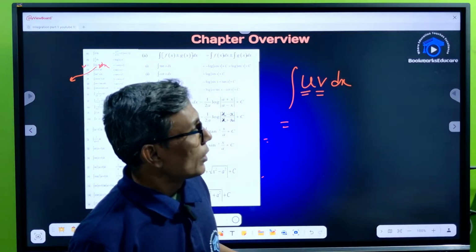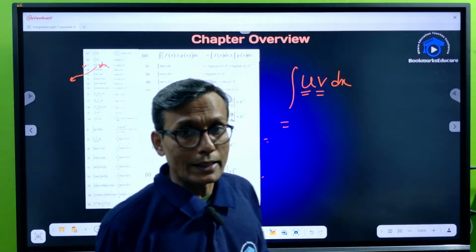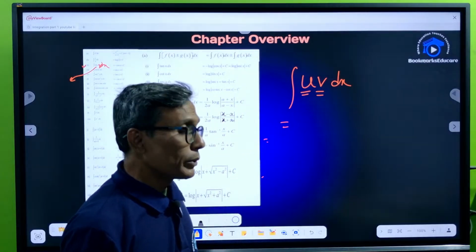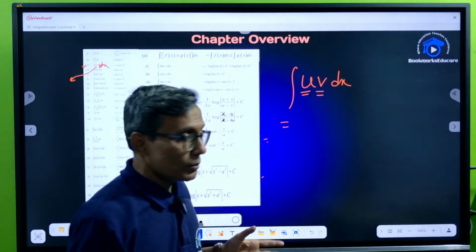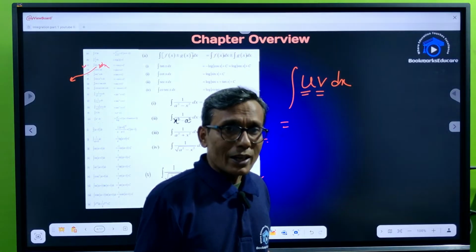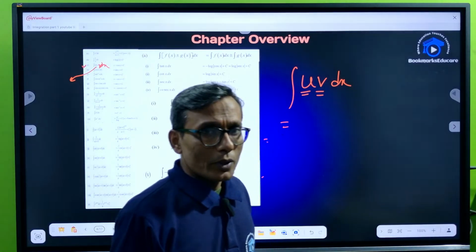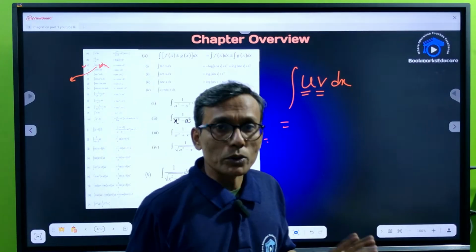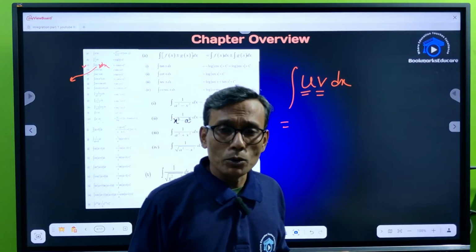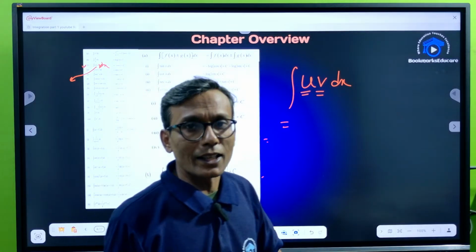First of all, when we apply the method of by parts, we see in the product of two functions, one cannot be integrated, meaning there is no integration formula for it.